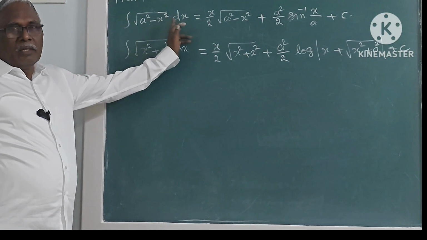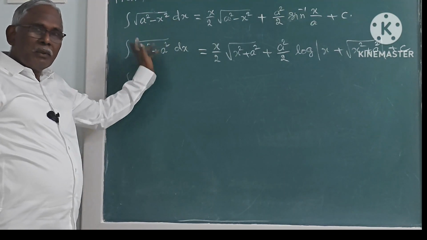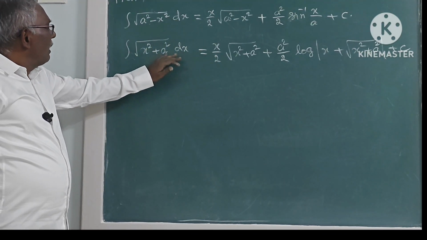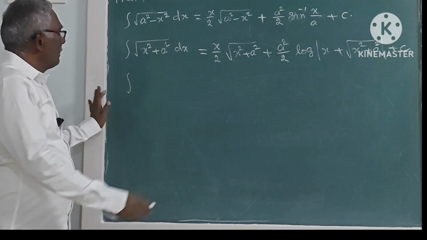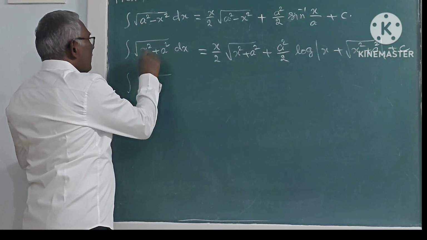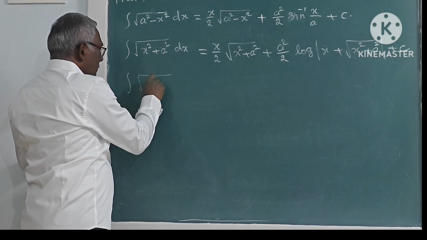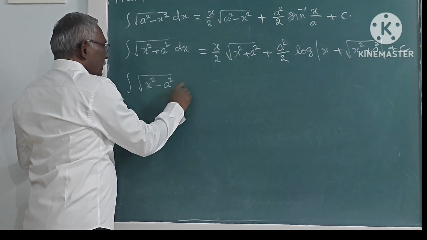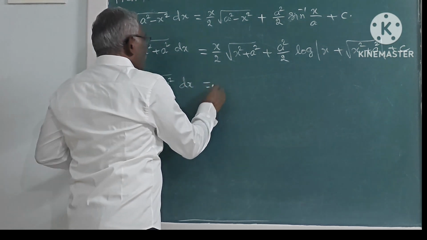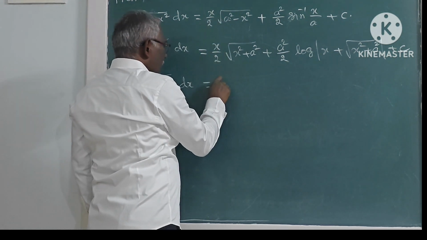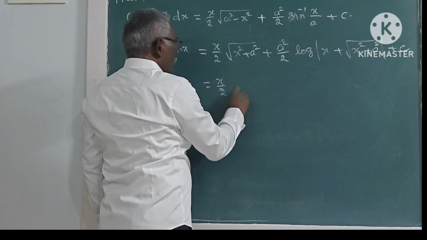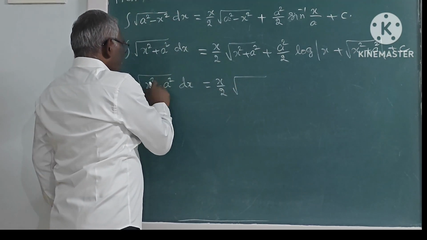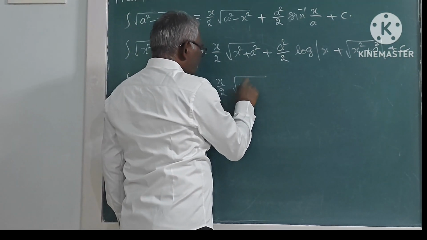So first is a square minus x square, second is a square plus x square, that is x square plus a square. The third one will be x square minus a square dx. X by 2, for this also x by 2 will come, then square root of x square minus a square.